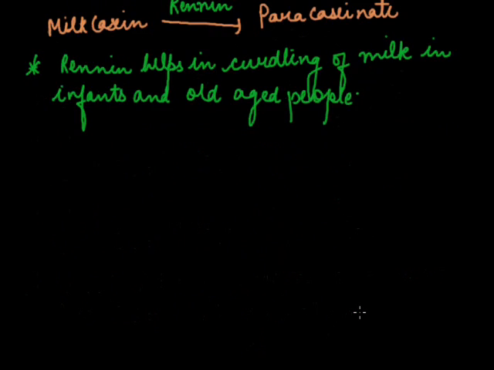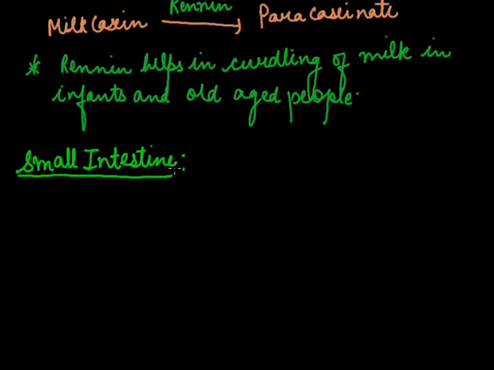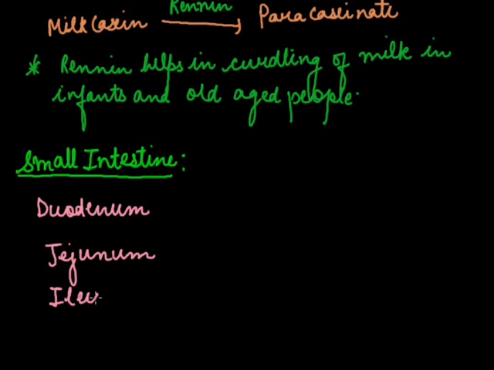Now, next, the food enters into the small intestine. As we have already discussed, this small intestine is divided into duodenum, jejunum, and ileum.